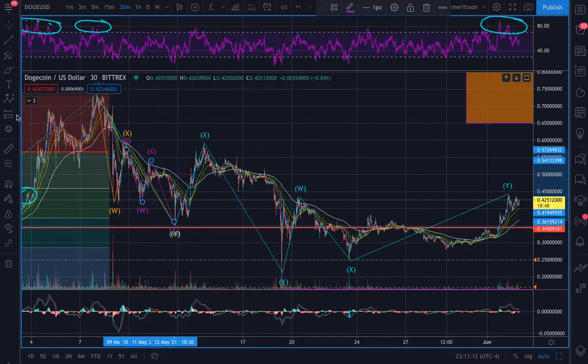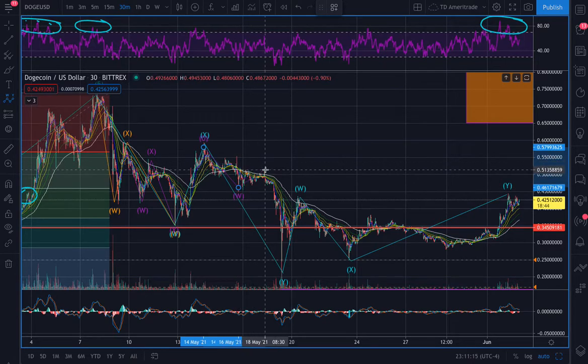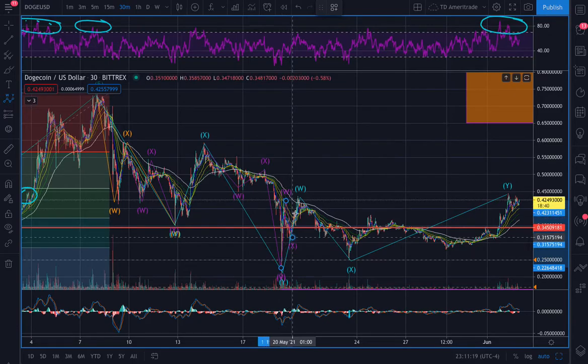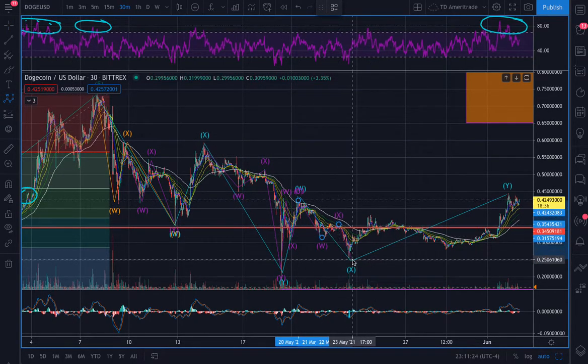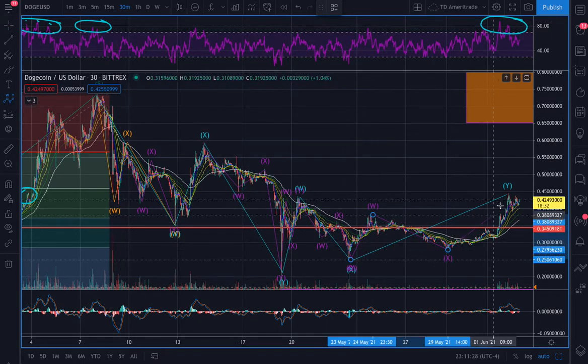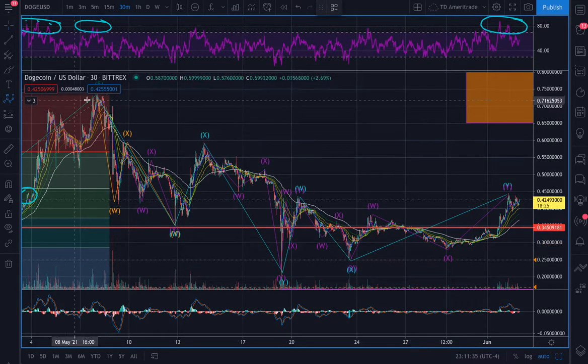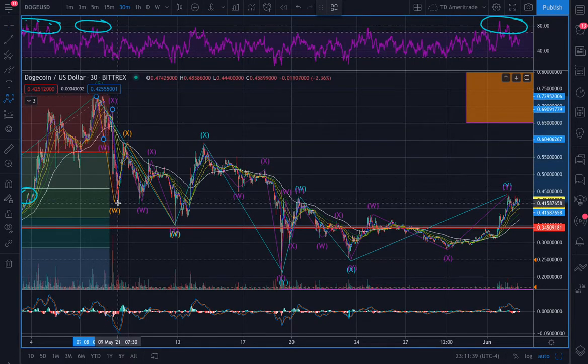So we keep seeing 3 waves. Like this. It's easy to see them after they're finished, but sometimes in the middle of it, it's extremely confusing, especially the corrections.